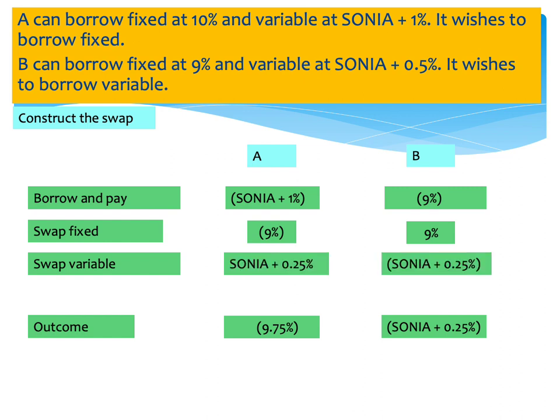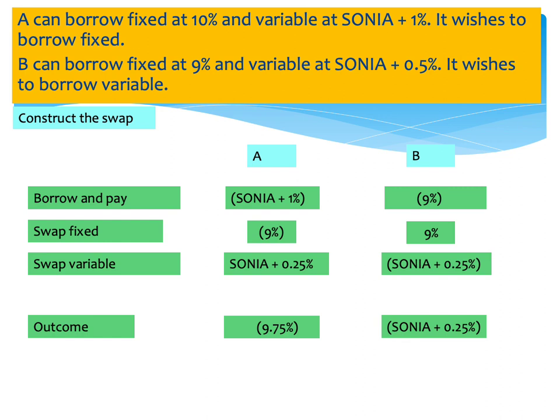So B is going to pay SONIA plus 0.25% to A. If we look down at B, it's paying 9% to the bank, it's receiving 9% from A, so they cancel out. It's then paying A SONIA plus 0.25%, and so it adds up to what we wanted, which is SONIA plus 0.25%.